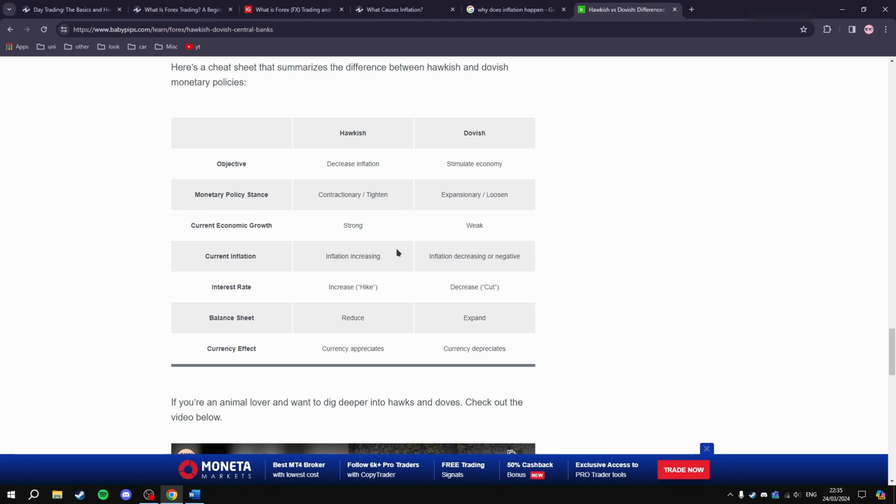Whereas for the dovish, the current inflation is decreasing or negative, so the inflation is not going up as expected.